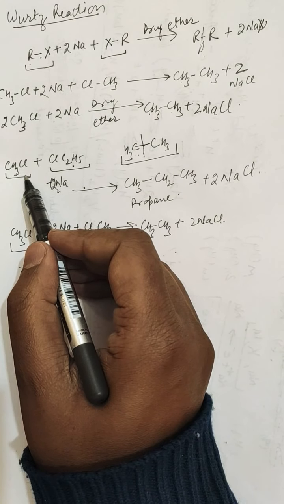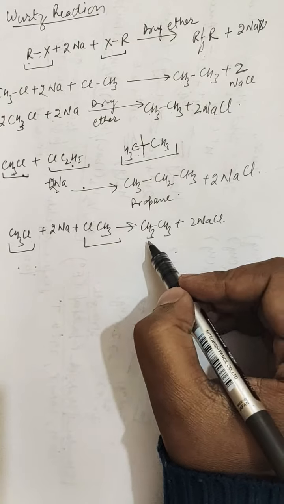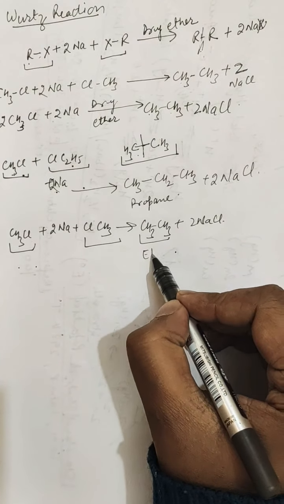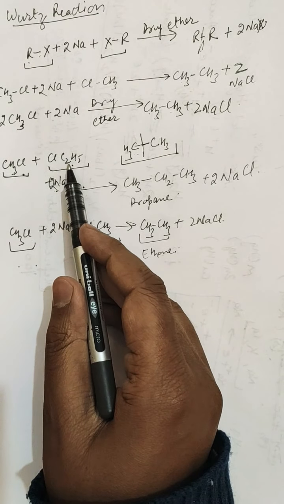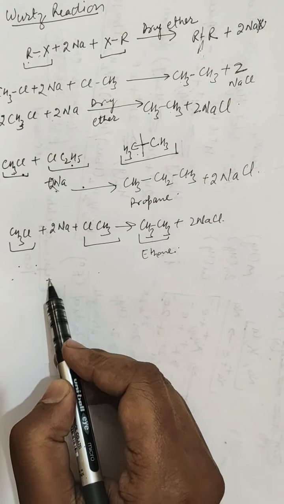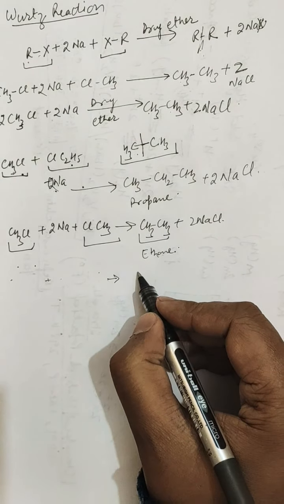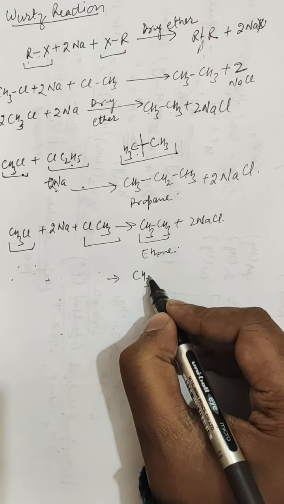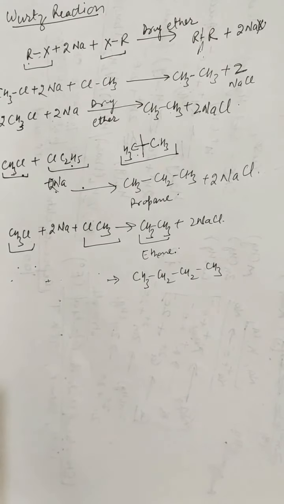Thus, in the preparation of propane, ethane and butane are also formed as side products. This is the ethane, and similarly when you write two molecules of this ethyl chloride here, first molecule and second molecule, in the presence of two atoms of sodium, that will result in the formation of butane, this butane.